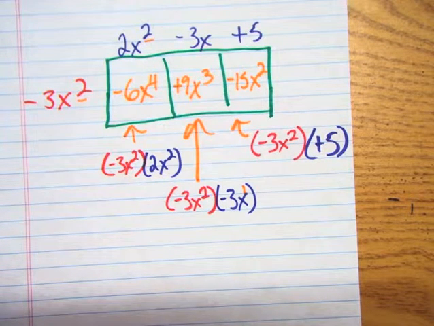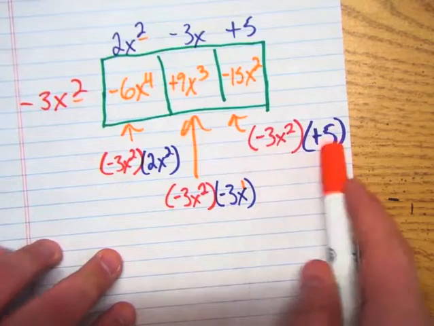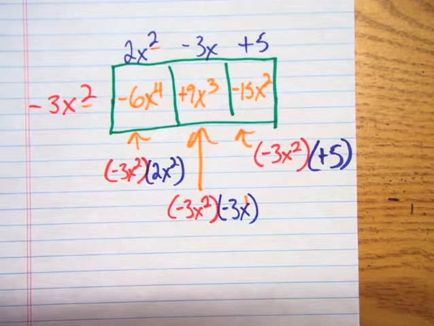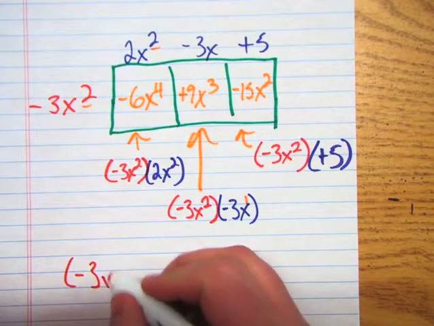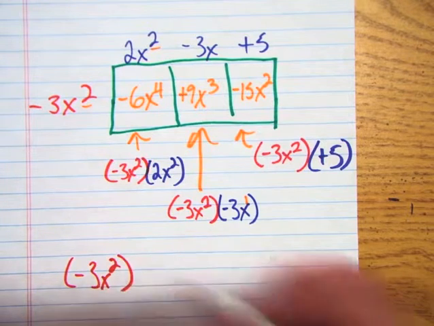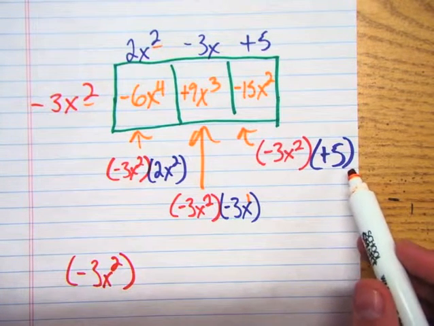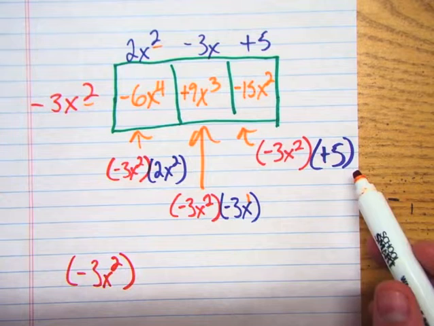Okay? So the question was, hey, these aren't like terms. How is it that we could just multiply them? Well, that's a great question, and let me answer that. What I'm really doing is saying, okay, I've got negative 3x squared. Remember, multiplication is the shortcut for addition, right?